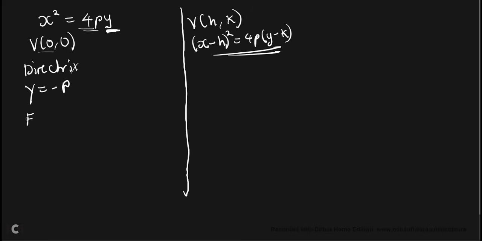And what is the focus? Your focus will follow the Directrix, so it will also be in the y-axis. So it is 0 in the x-axis, comma positive p, like that.